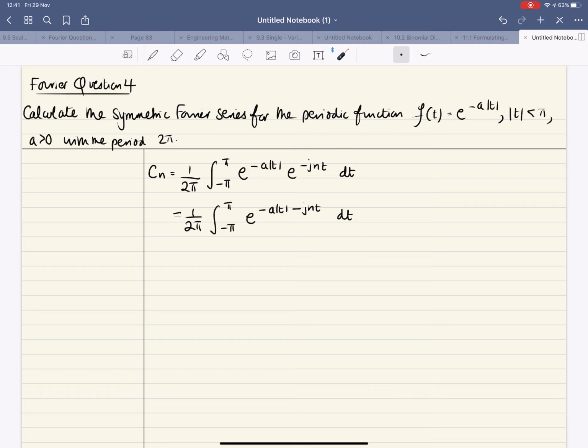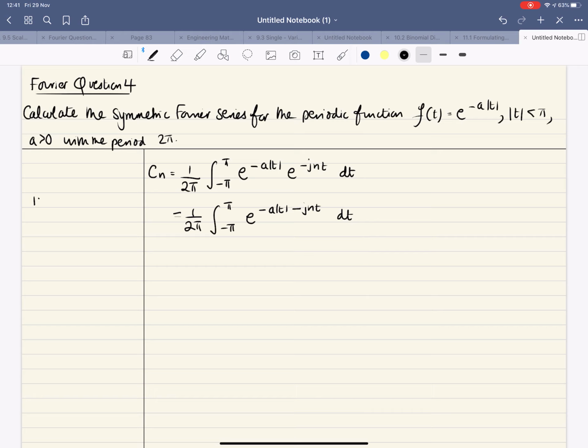What we do next, minus mod t, we've got to think about what happens with minus mod t. If t is negative, mod t is positive, but then minus mod t is actually the same as t. I'll just write that by the side.